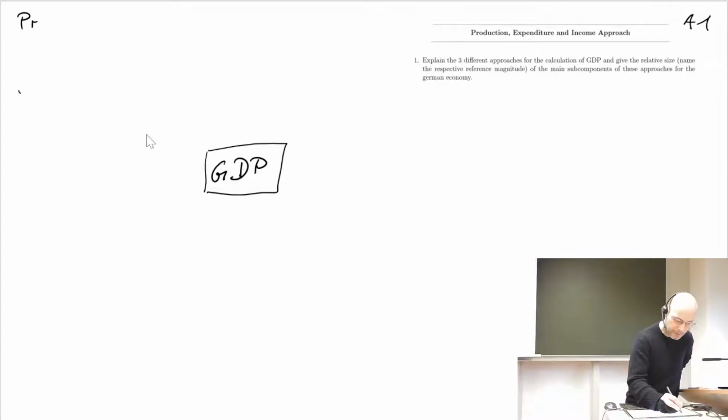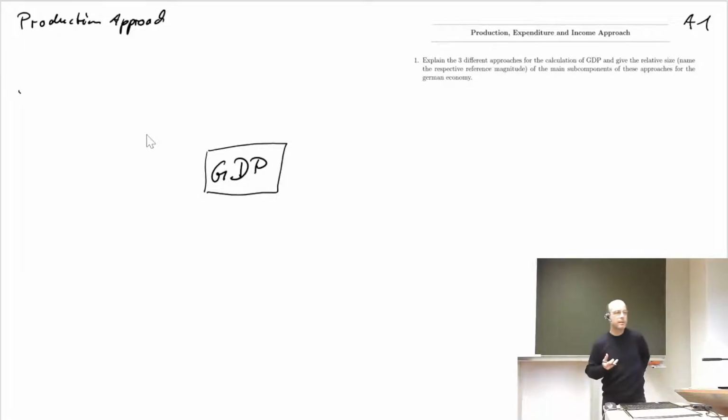Yes, but at which sectors we look and what does this production approach mean in general? So at which side of an economy, at which side of the market are we looking when we look at the production, when we take the production approach?